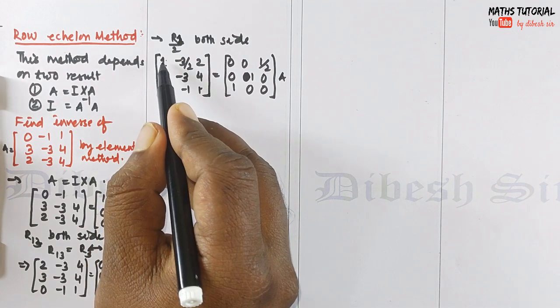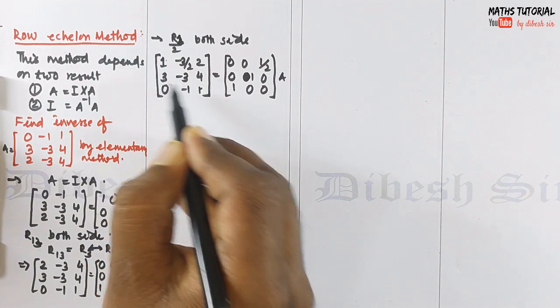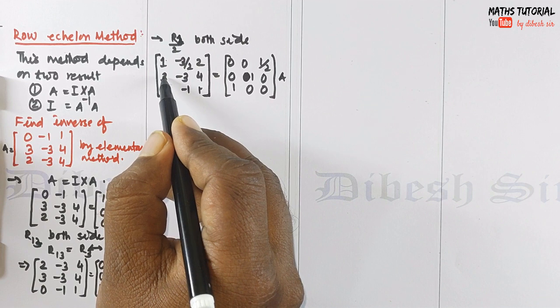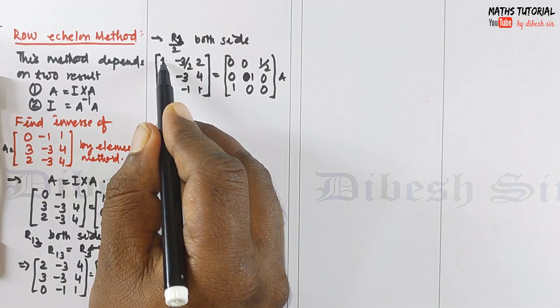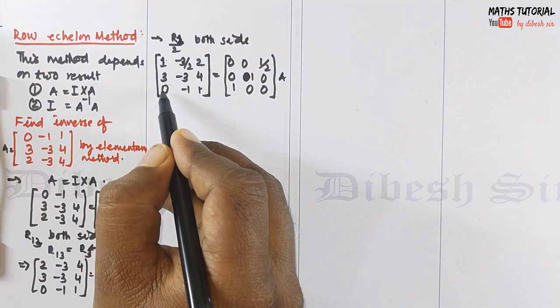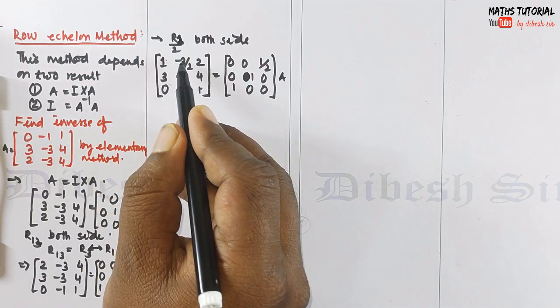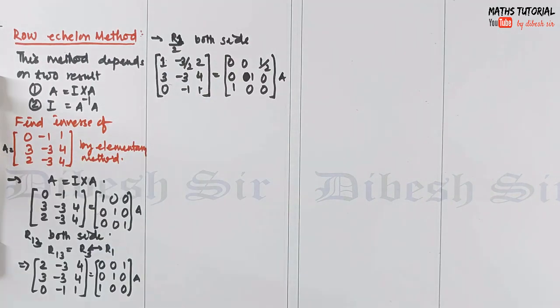So to make this 1 and this 0, first you should try to make this 1, then this 0, 0, 0, then 1, 1, 1, in this manner.